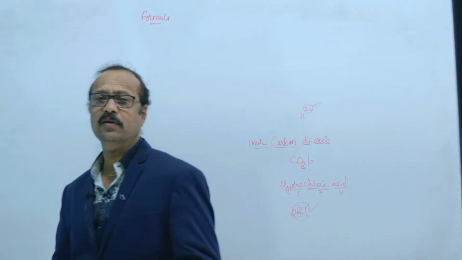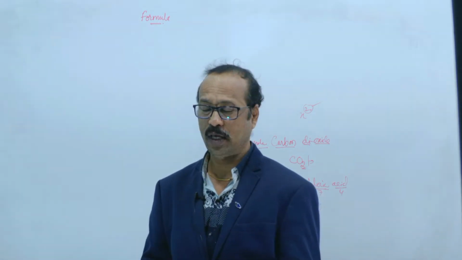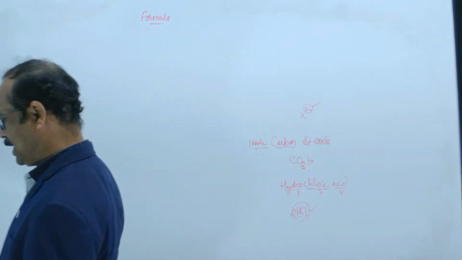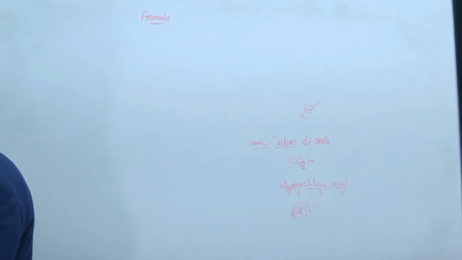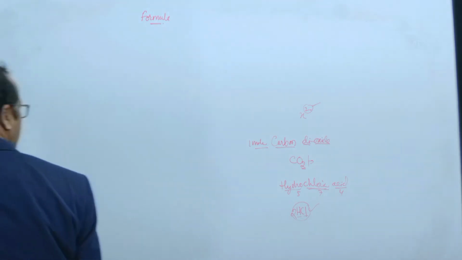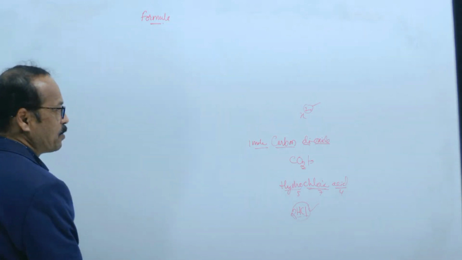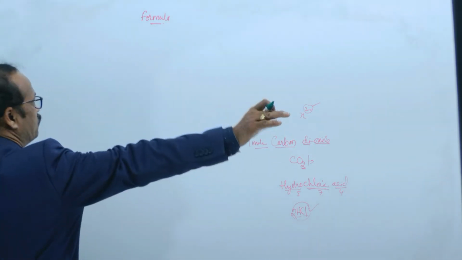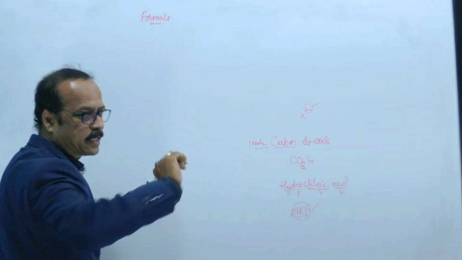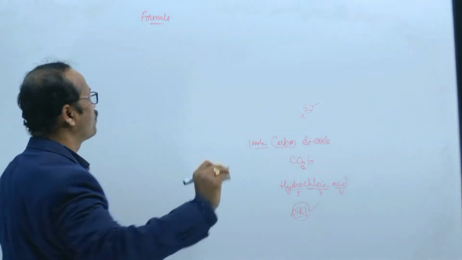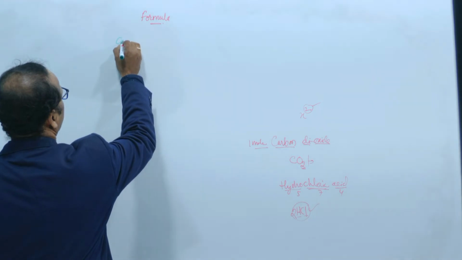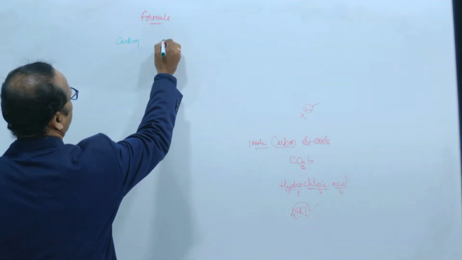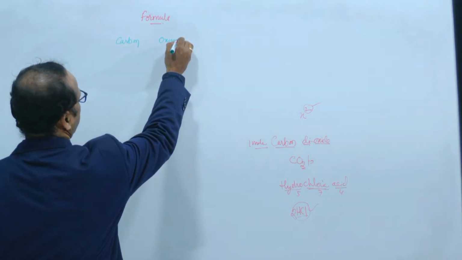So how to write the formula? This I already discussed, students. For example, if I want to write the formula between carbon and oxygen. You know that carbon dioxide is formed from carbon and oxygen. So we write carbon, then oxygen.